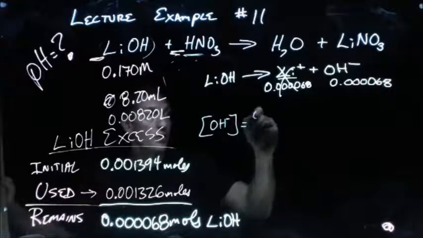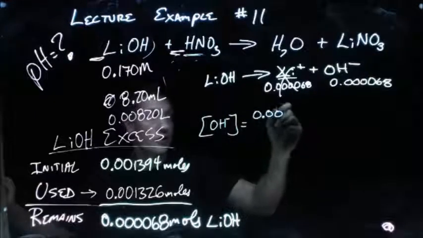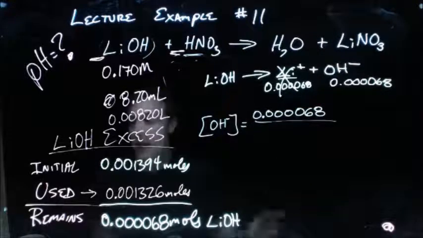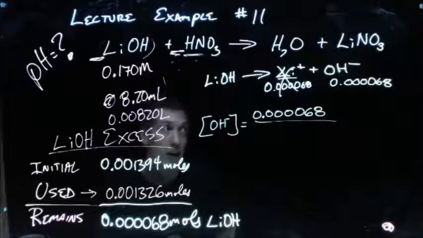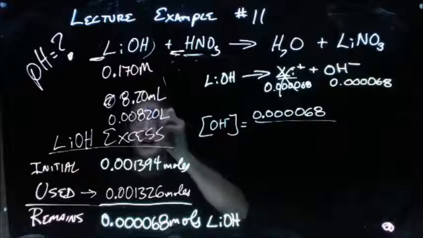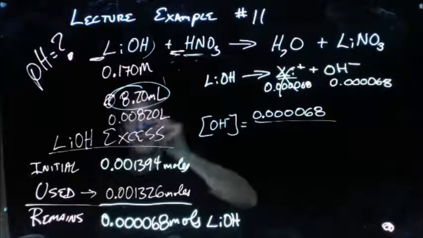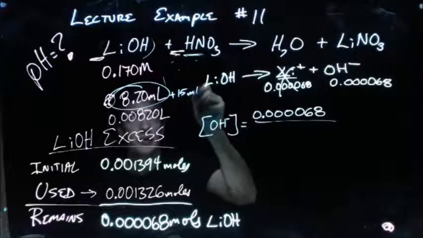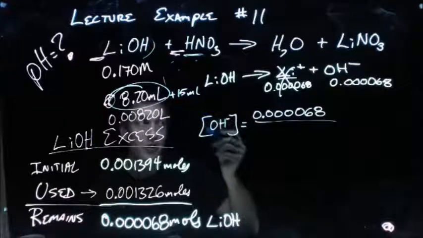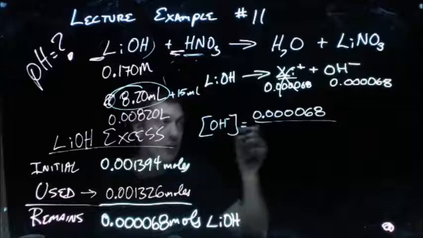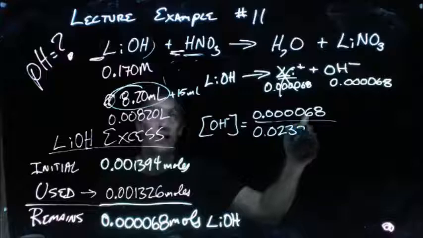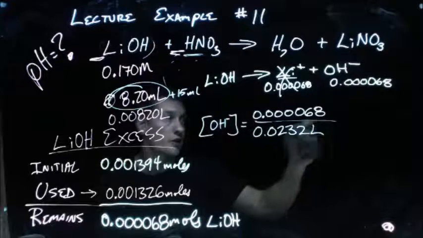Well, it's going to equal moles, 0.00068, divided by, and that's going to be the number of liters. And what did we combine? We combined 8.2 mils with 15 mils, and so that's going to be, what, 23.2, but you need it in liters, so it's 0.0232 liters of solution.